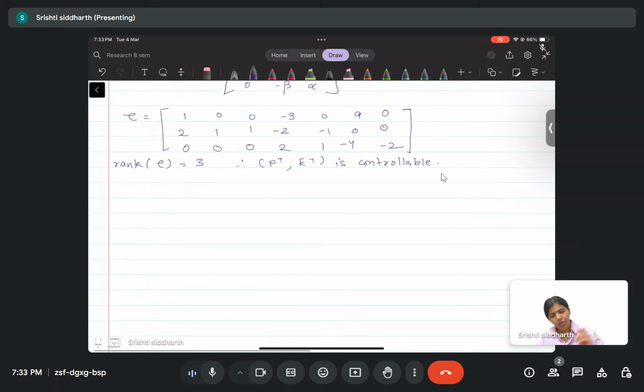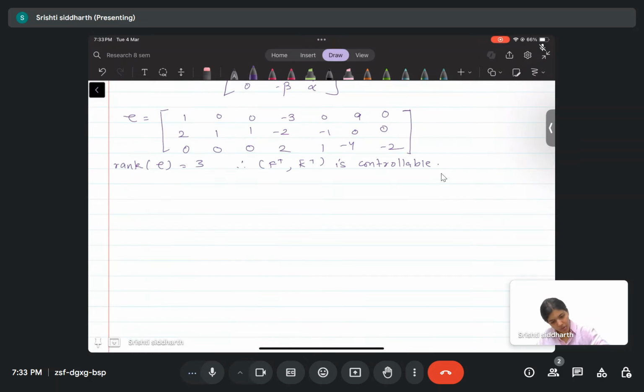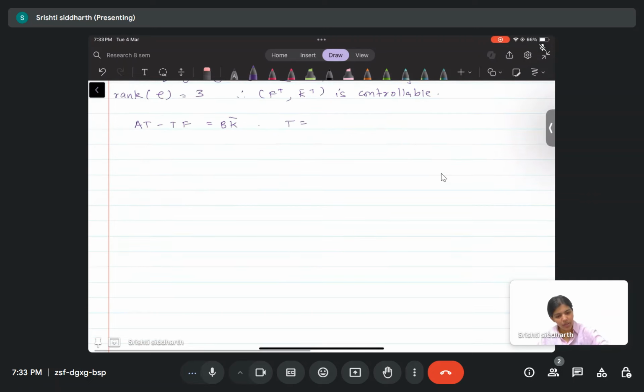And now we have to find the solution to the Sylvester equation. So that is AT minus TF. T is going to be a 3 by 3 matrix. Say P1, P2, P3, 4, 5, 6. You can substitute in this equation and find out what T should be.